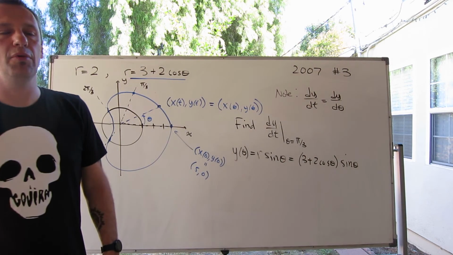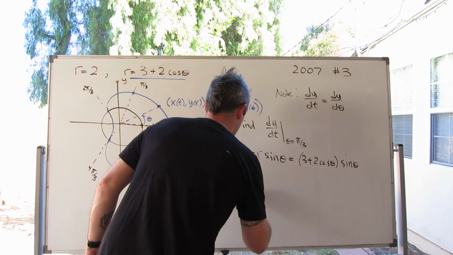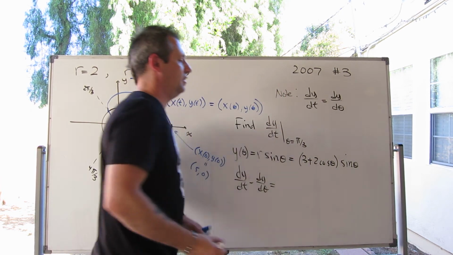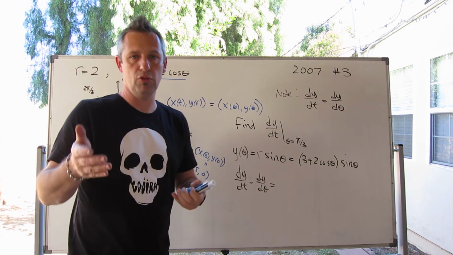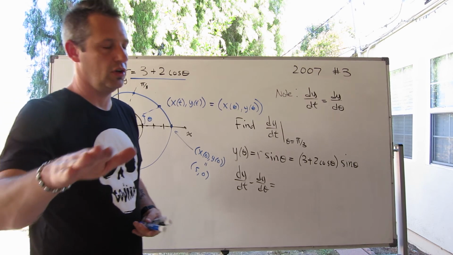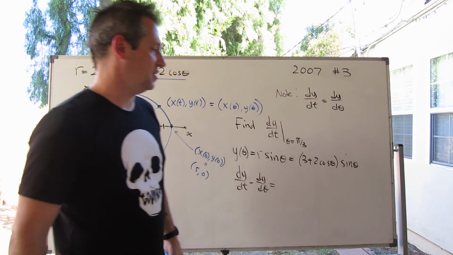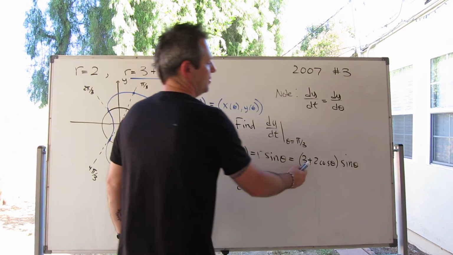What we're being asked to find here is dy dt, which is dy d theta. I could use the calculator to do this, and you certainly should on the AP exam. But we can easily find this derivative, it's not very hard. I'm going to start by distributing the sine in there.